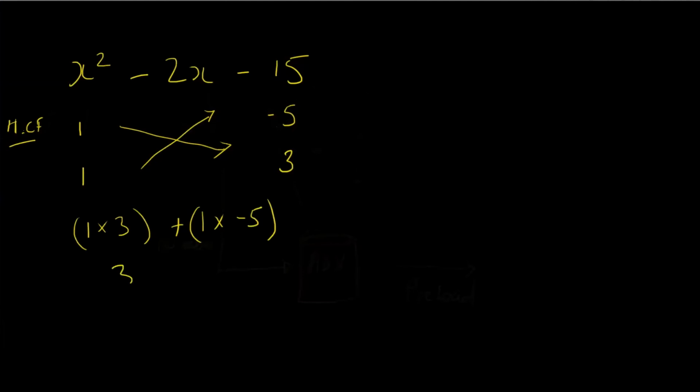That is 3, that's -5, but I've got a minus there. That's equal to -2. And we've got the right answer here because my objective was to get that number and this number to match. The next step is I write this out horizontally.